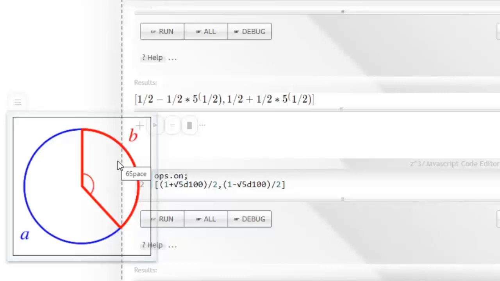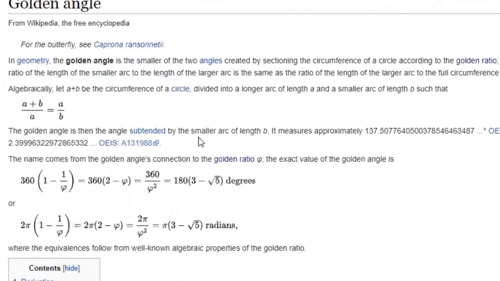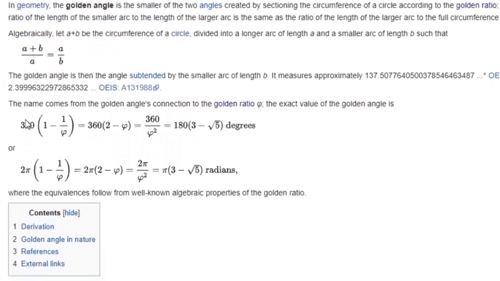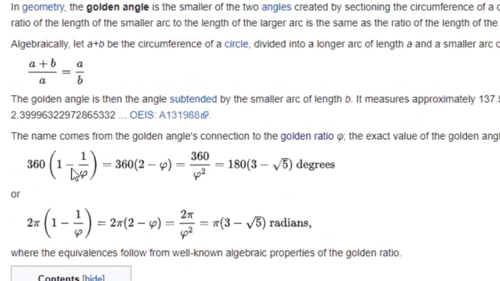So if 360 divided by angle A is equal to angle A divided by B, that is called the golden angle. And obviously it is the same kind of ratio. So it's going to be 360 multiplied by 1 minus 1 by phi.